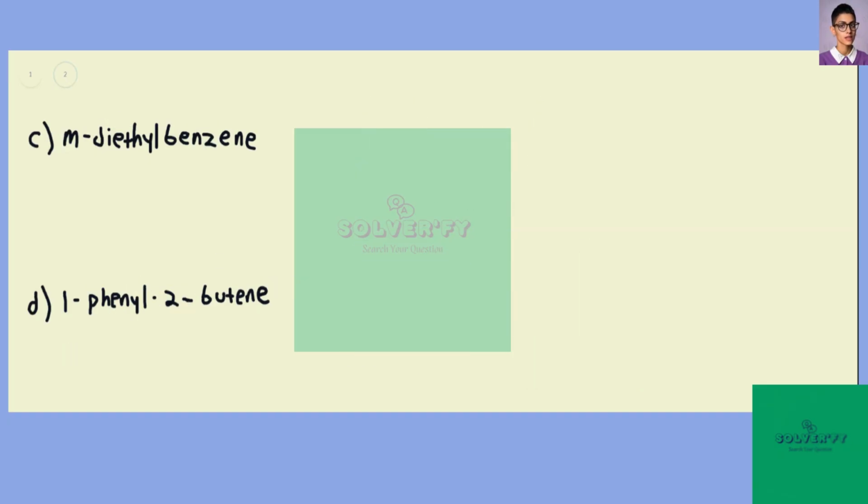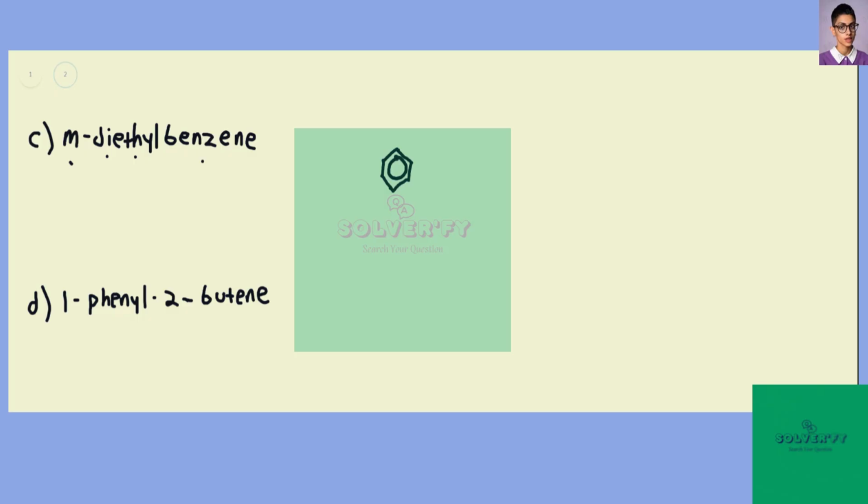For part C, we have meta-diethylbenzene, and meta means that we're going to have two substituents with a carbon between them. So we're going to have two ethyl groups with a carbon between them on a benzene ring. So I'm going to, again, draw my benzene.